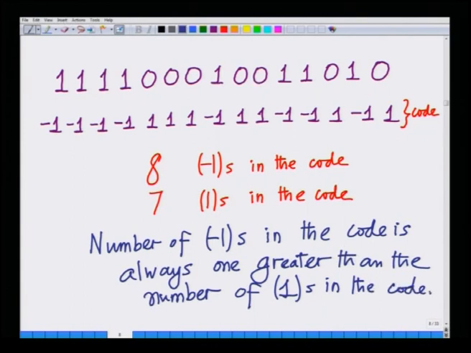So, the number of minus ones in the code is always 1 greater than the number of ones in the code. So, this is the first property. So, let me label this. This is property 1.